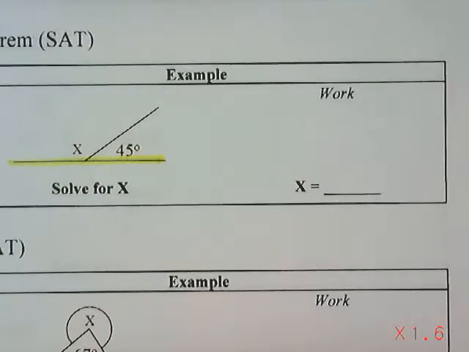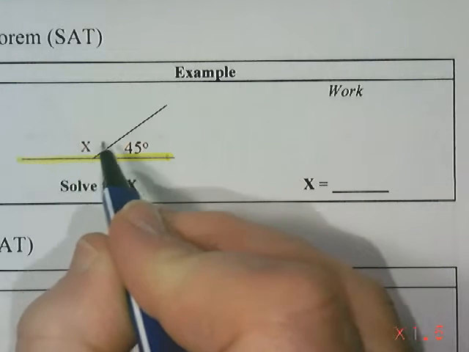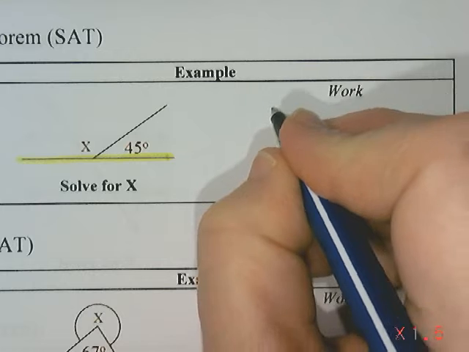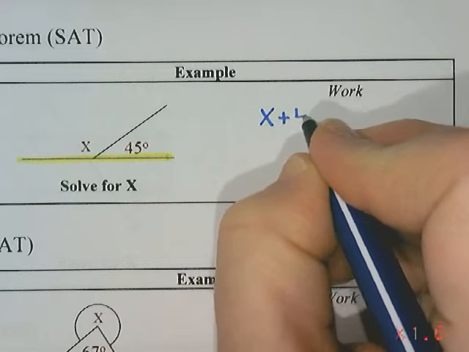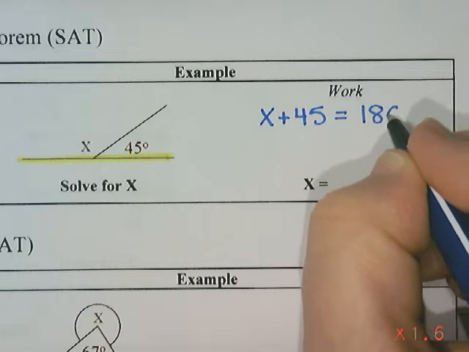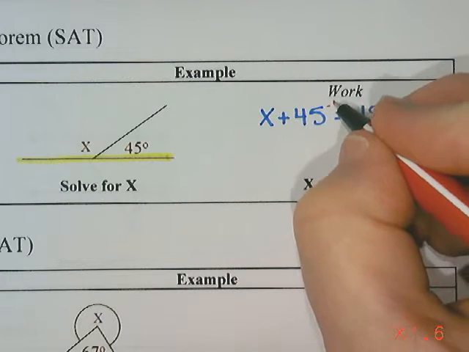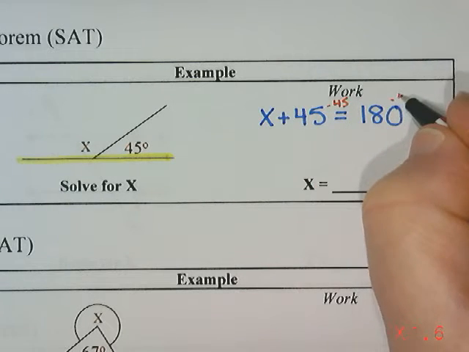So same thing as last time, we just finished our equation unit, so I would like you to practice some equations here. So we're going to say that these two angles together, x plus 45, equals a straight line, so 180 degrees. And then we are going to solve for x by subtracting 45 from both sides.